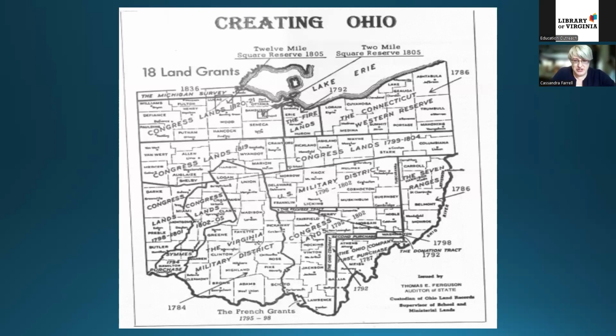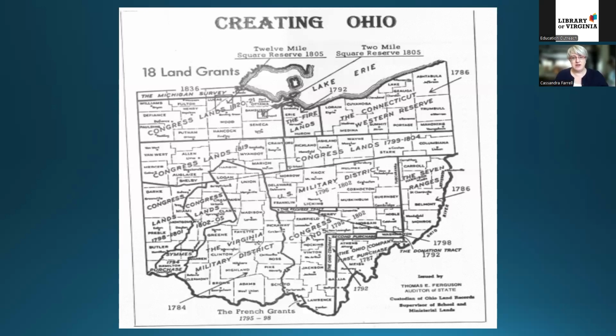And of course, during the American Revolutionary War, the Continental Congress and the Commonwealth of Virginia tried to encourage men to enlist in the armies by promising them land grants and bounty warrants once the American Revolutionary War ended.